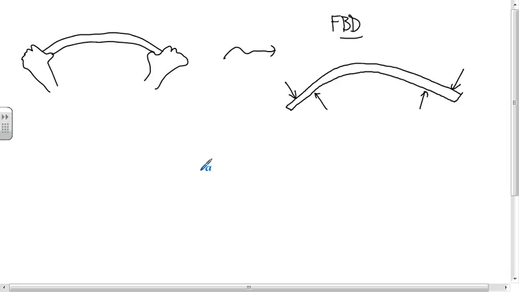One, internal loads: if this was all one material and it had a uniform cross-section the whole way along, calculating the internal loads and figuring out where they're big and where they're small would give you a good sense of where this was likely to break.